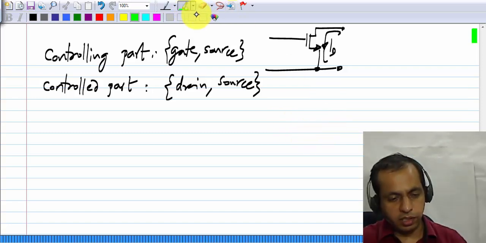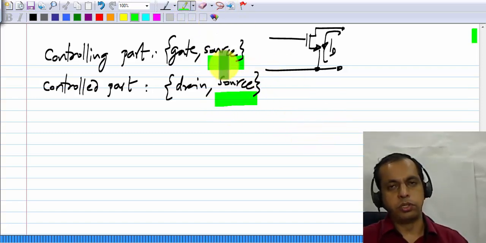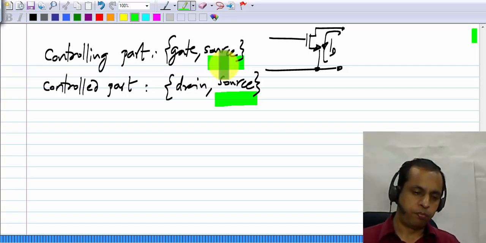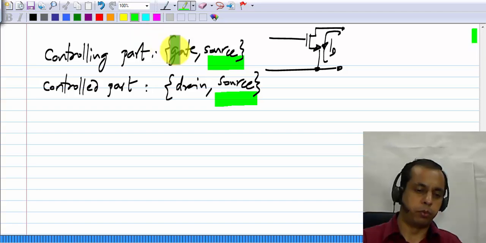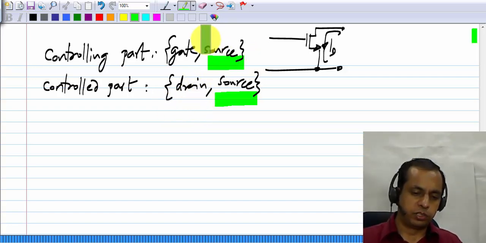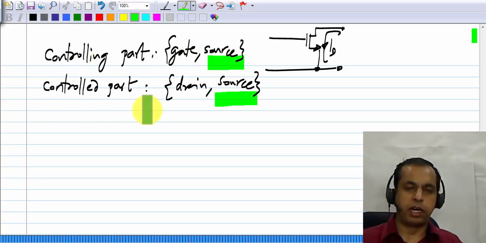You can clearly see that the source belongs to the controlled side as well as the controlling side of the transistor. The gate, you can only apply the input, it can only control, nothing will come out of the gate, it's not an output. Similarly, the drain is only an output, you can't apply something to the drain.